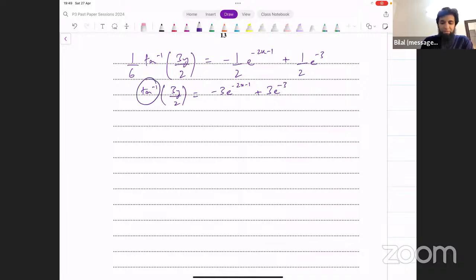Now this is tan inverse. We need to get rid of the tan inverse. This goes to the other side, and it would become 3y over 2 equals tan of minus 3e raised to the power minus 2x minus 1 plus 3e raised to the power minus 3.